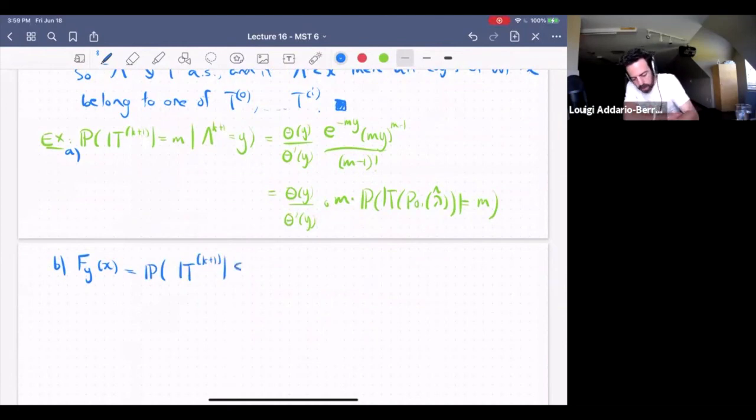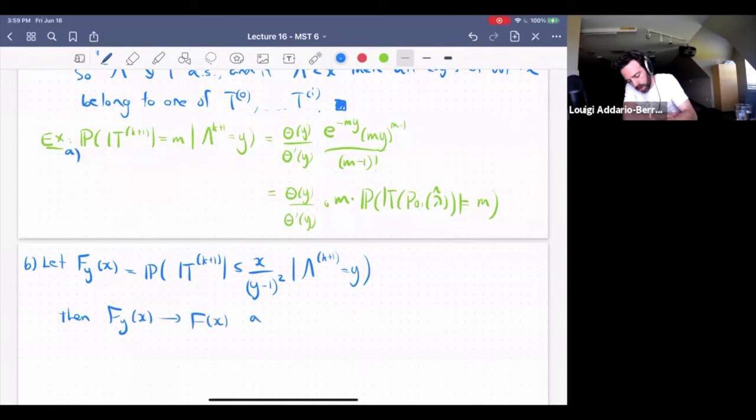If I write F y of x for the probability that this tree has size at most x over (y minus 1) squared, given that lambda k plus 1 is y, then if I define F y in that way, F y converges to a cumulative distribution function as y tends to 1.